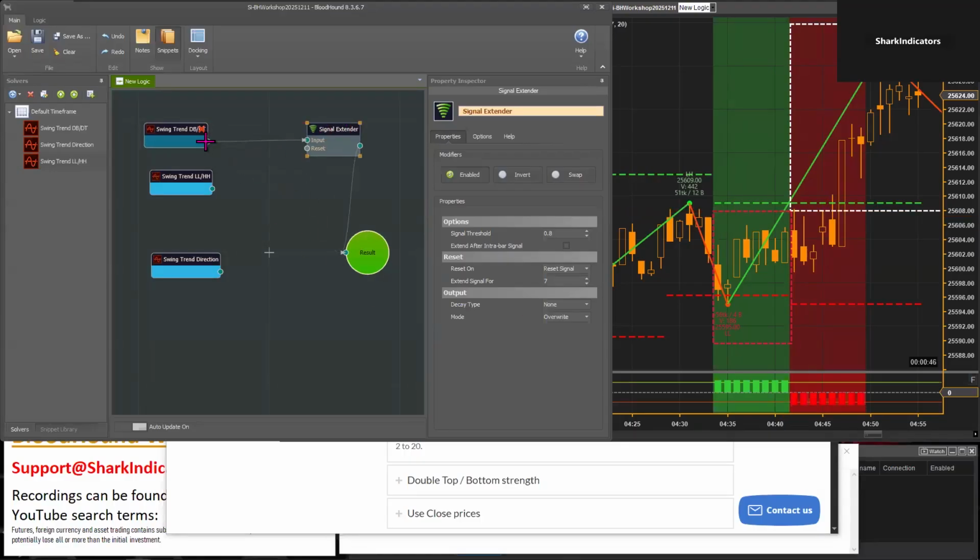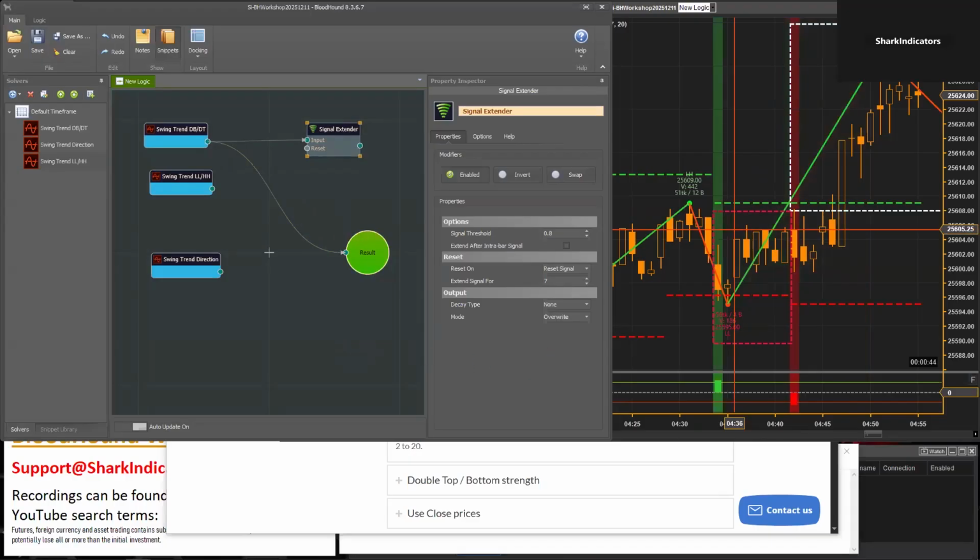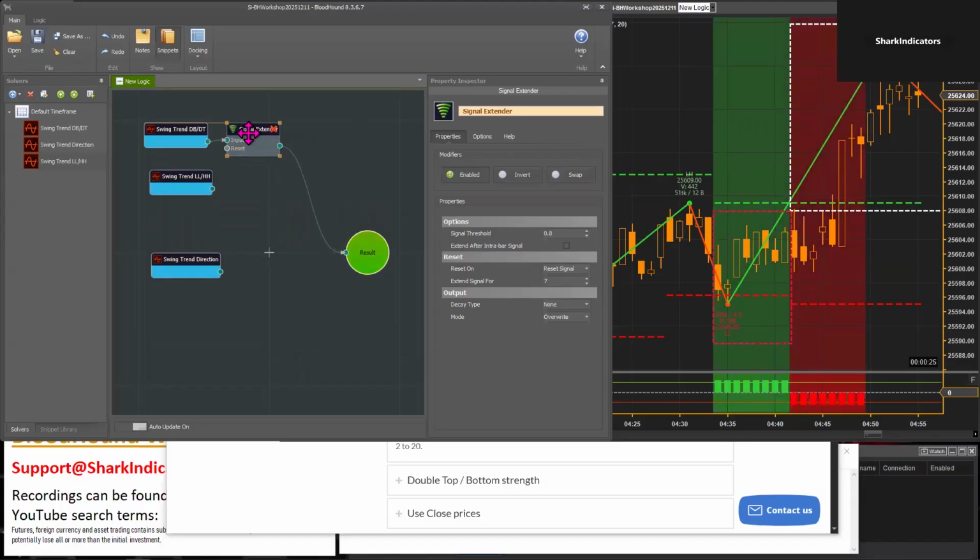And if we double check, that bar's low was close enough to the swing low for a double bottom, and that high price was close enough to that swing high for a double top. The signal extender is just taking those and extending them forward to see if price changes direction soon enough.